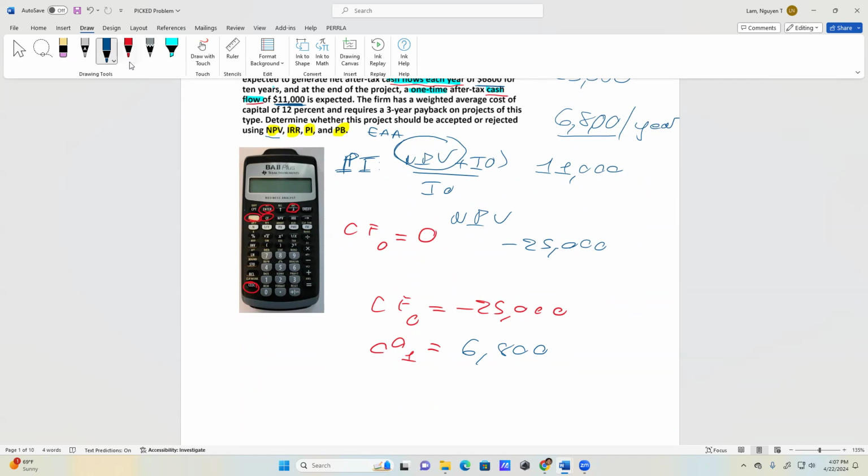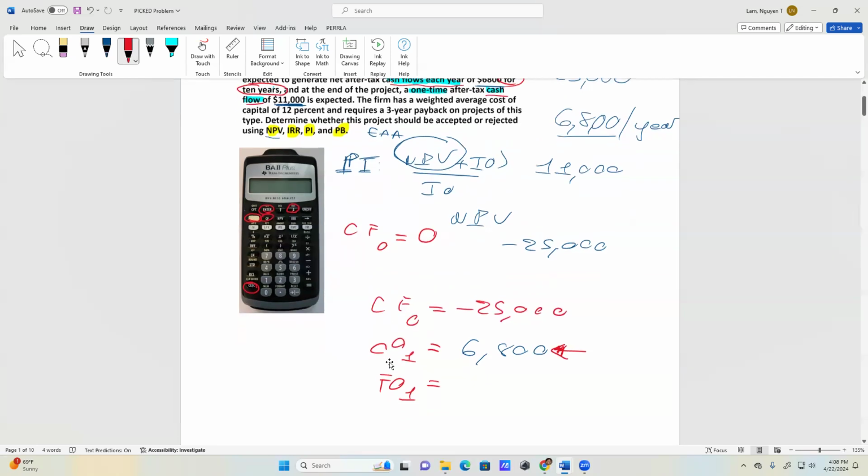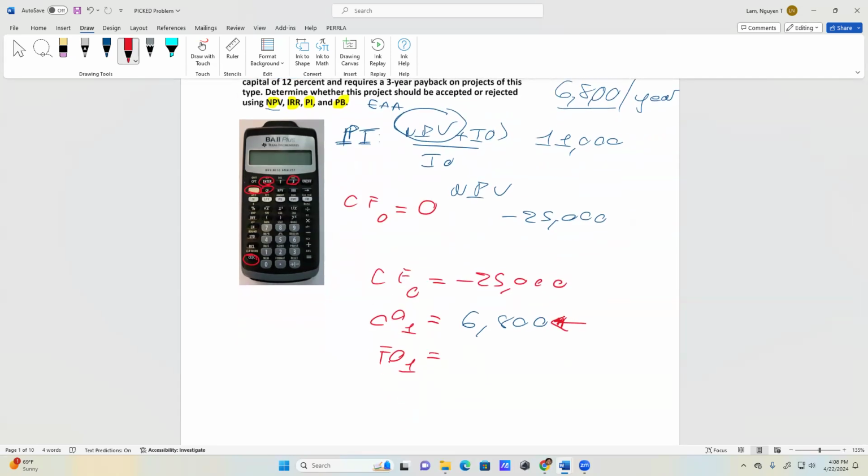All right, now you see F01 is asking how many periods you have of this 6,800 repeated, and how many do we have? We have 10 in total, right? The project is for 10 years. However, I want you to only put 9 periods.